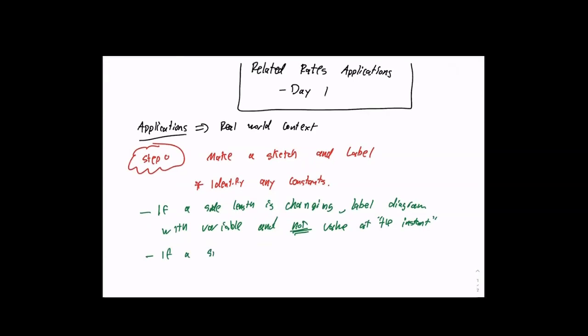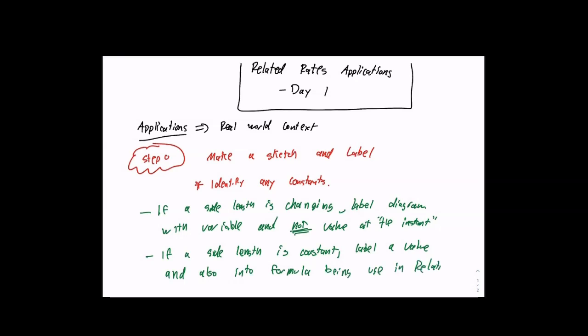If a side length is constant, label it as the value, and also put that value into the formula being used in the relationship.